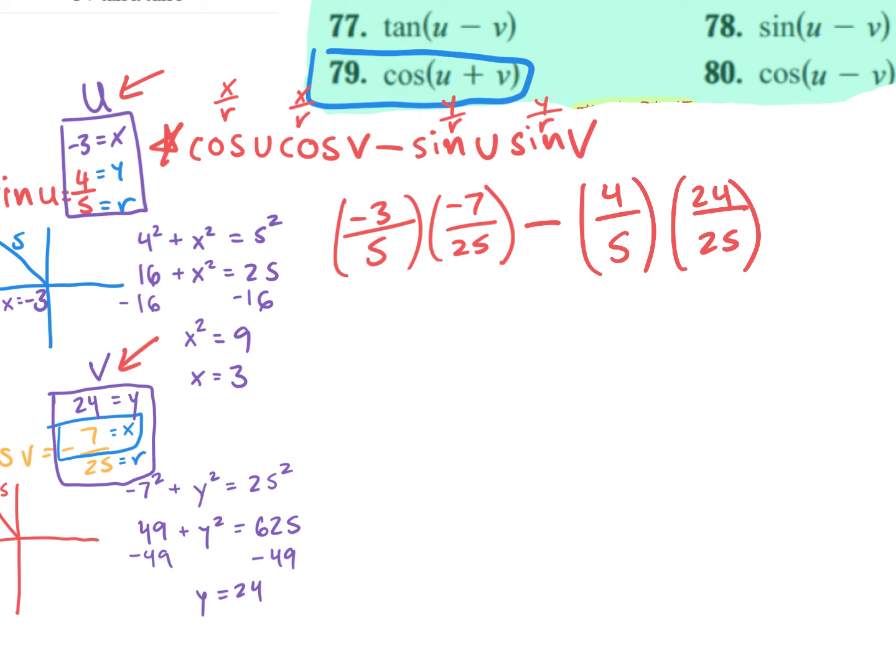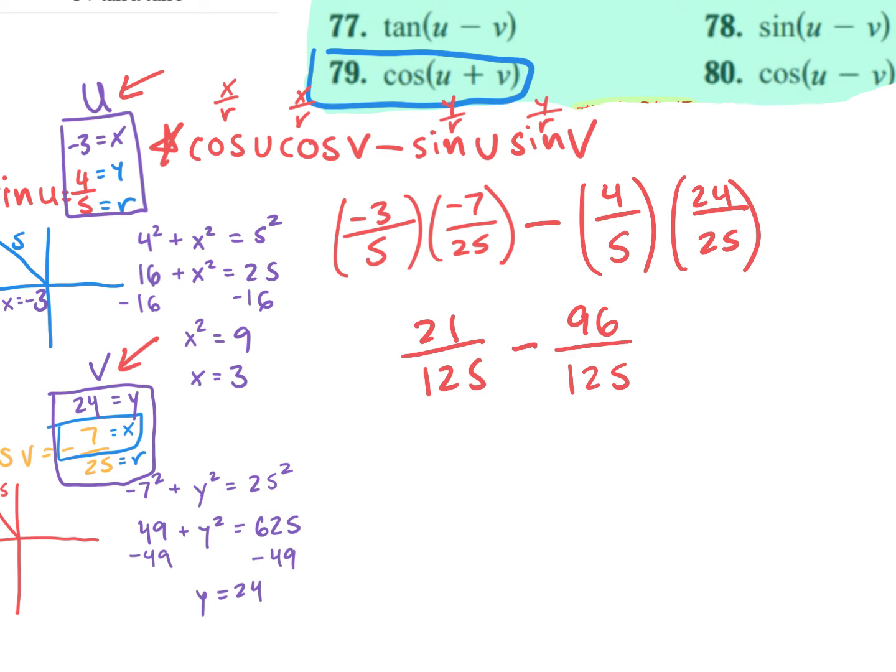And then we just multiply and subtract. So here I'd have 21 over 125 minus 4 times 24, which would be 96 over 125.